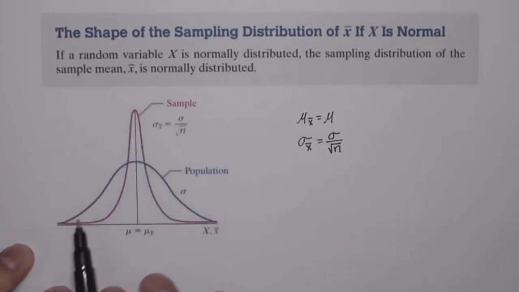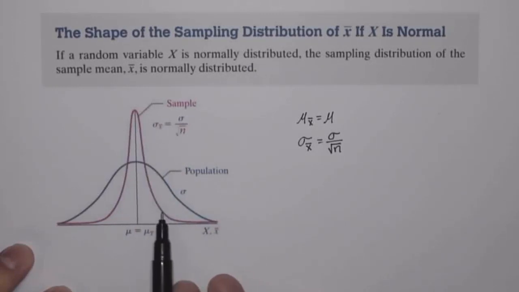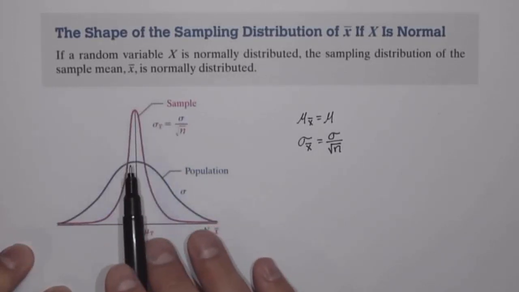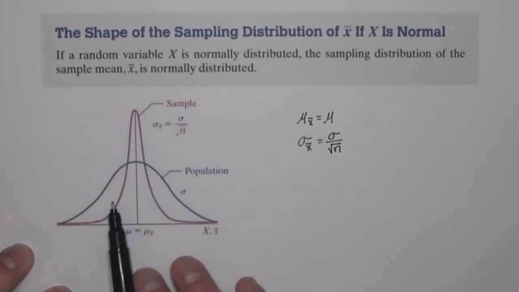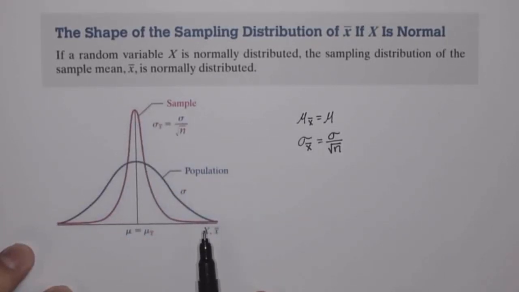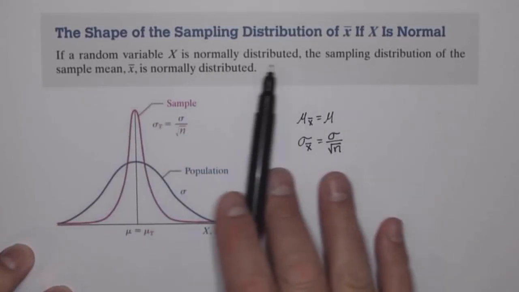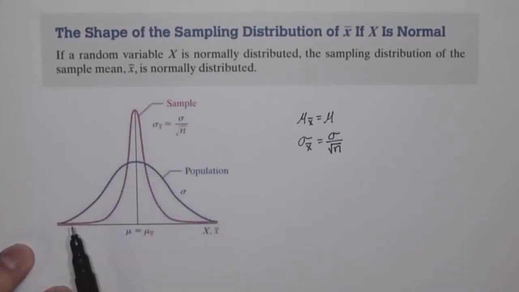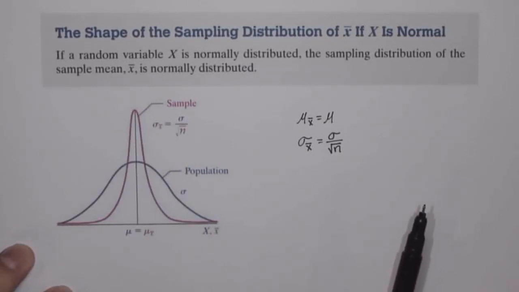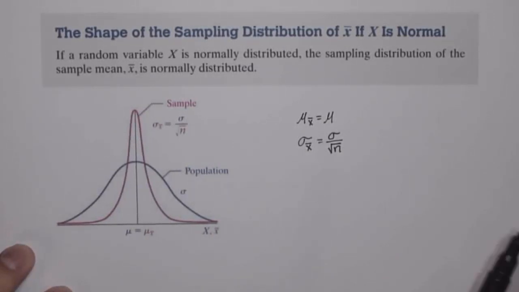And so that's going to give us a smaller standard deviation, which means we're going to have a skinnier looking, taller normal distribution. And again, the significance of this theorem is that if we know the population's normal, then this sampling distribution is going to be normal also.